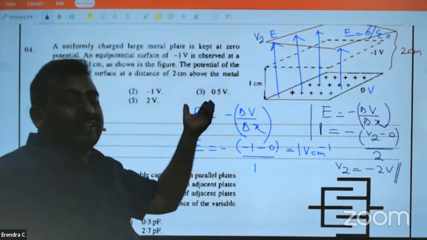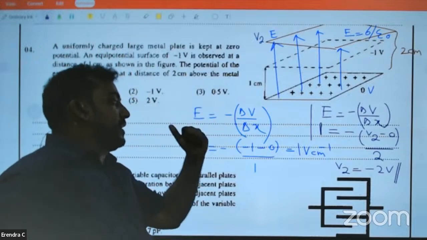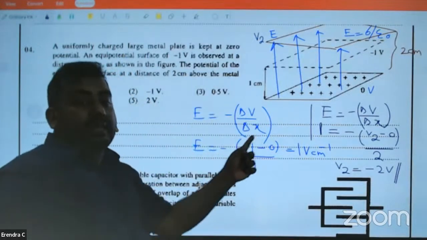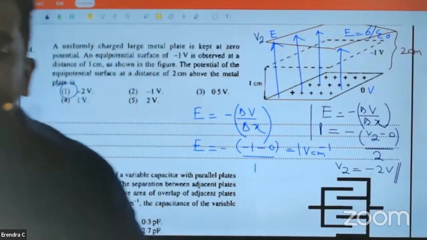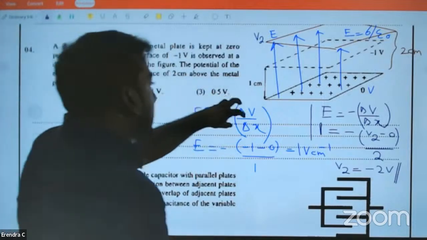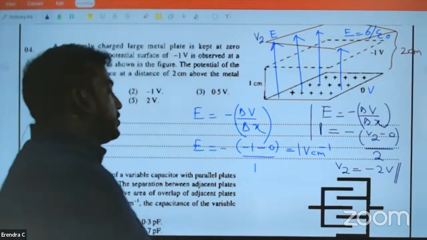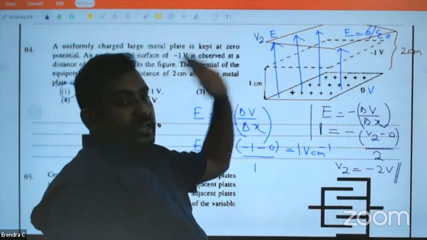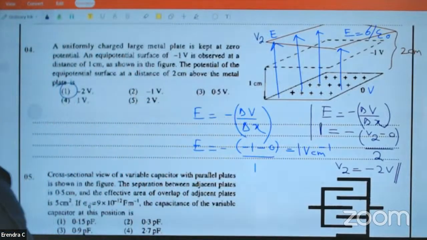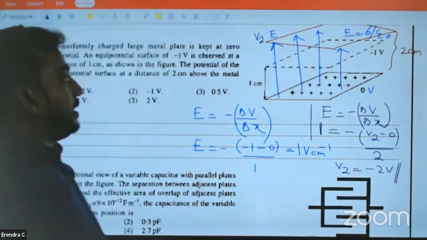Also, we know that the electric field strength is equal to the negative potential gradient. Therefore, we can find the potential. So basic work, quickly write it down.